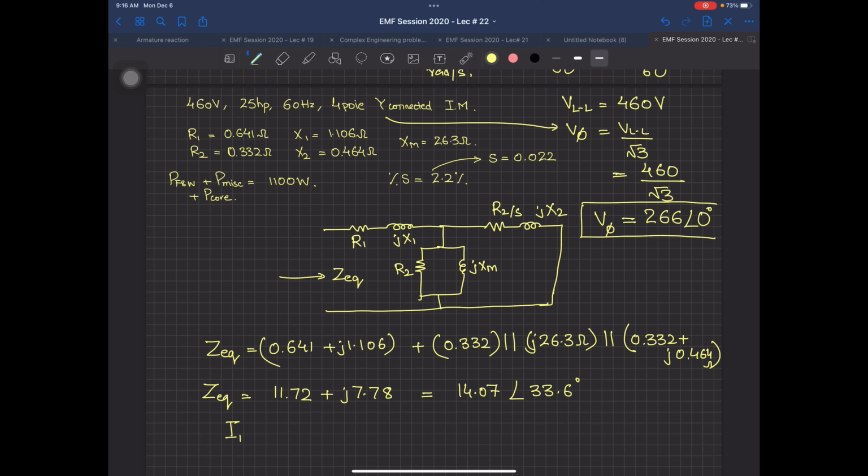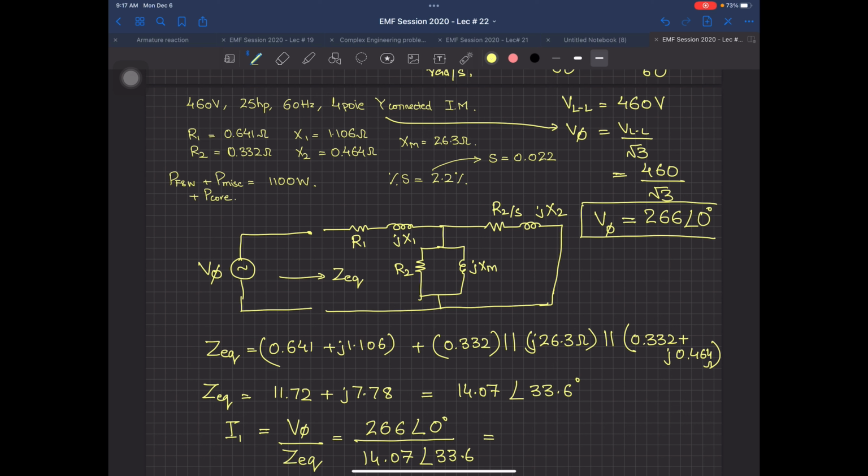And now you can find out I1. I1 would be equal to certainly the same formula. What is the applied voltage over here? Applied voltage at this point is the V phase. So I have V phase divided by Z equivalent, and this comes out to be 266 angle 0 because this is the reference, and I have 14.07 angle 33.6.